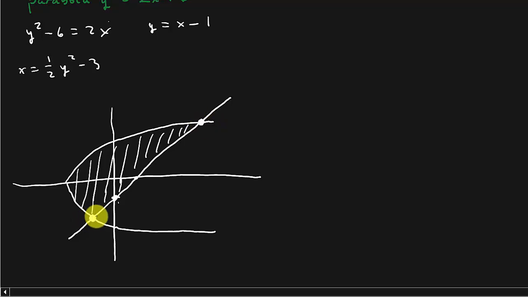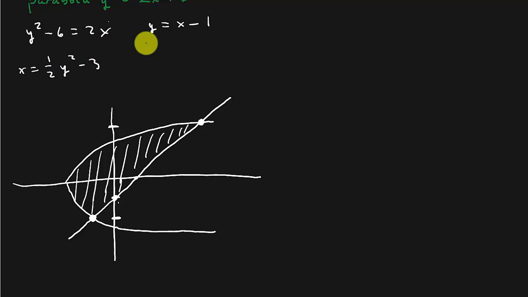But since I'm integrating with respect to y, I need the y values of where they intersect. So I can set the two equations equal to each other, but I want to set them equal where it's all in terms of y.